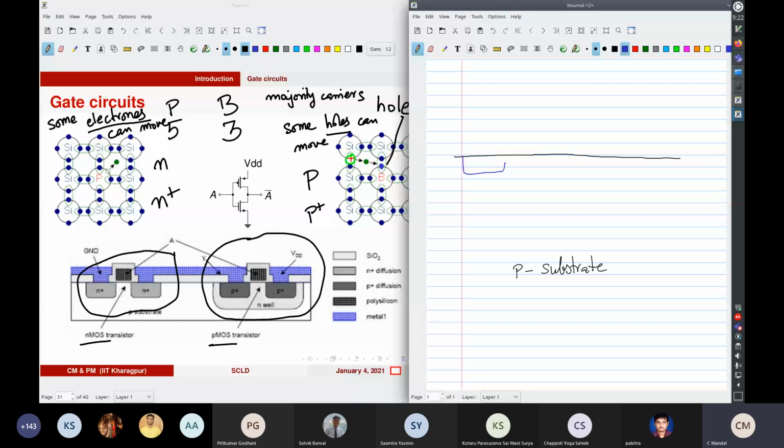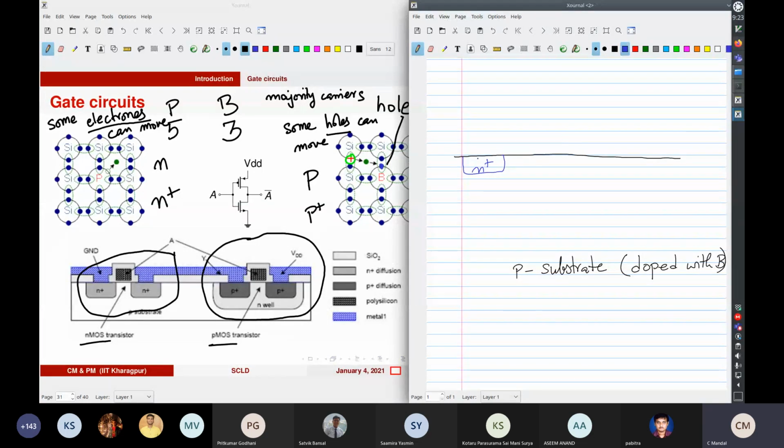So inside this, p-type means you have more boron here, it is doped with boron.